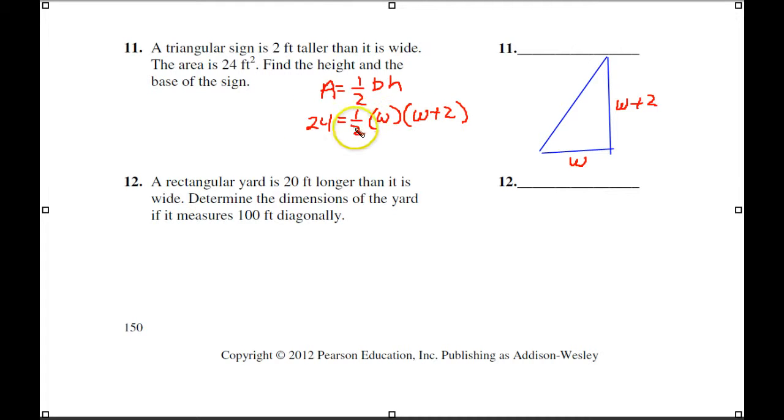And the first thing I want to do is get rid of the fraction, so I'm going to multiply both sides by 2. So this then becomes 48 equals W squared plus 2W. And then eventually the 48 is going to come over to this side. And we put this in standard form.